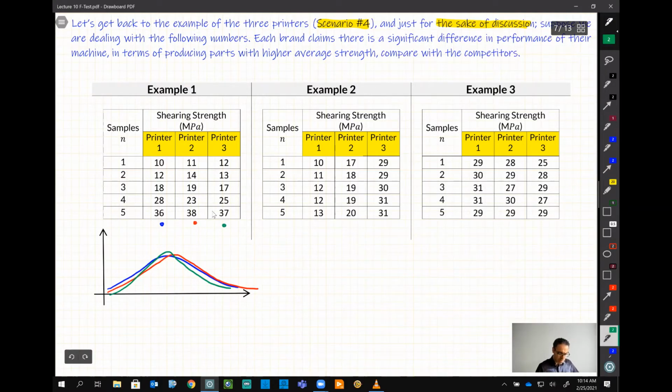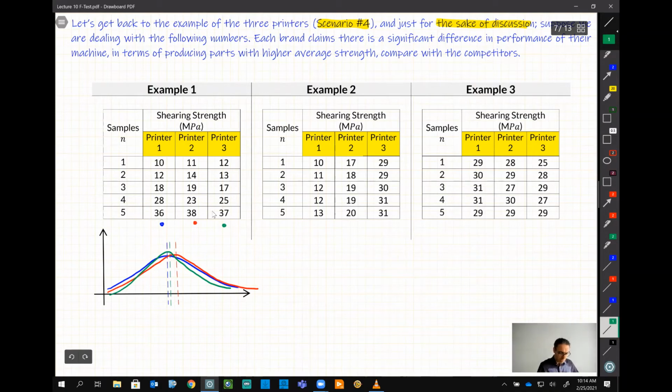What we notice, if we look at the means, is that the blue printer's mean is maybe around here, the red one around here, and the green one maybe somewhere around here.